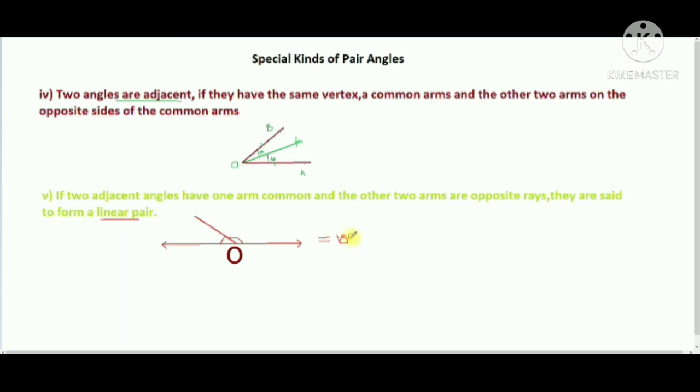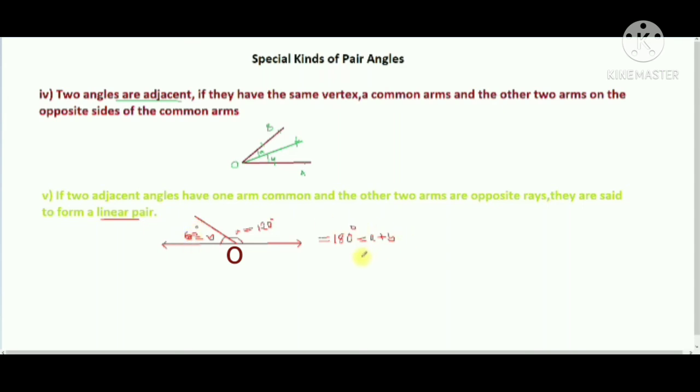Okay, and suppose this one is angle A and this one is B. The sum of these is 180 degrees. A plus B is 180 degrees. Okay, suppose this A is 120 degrees and this one is 60 degrees.